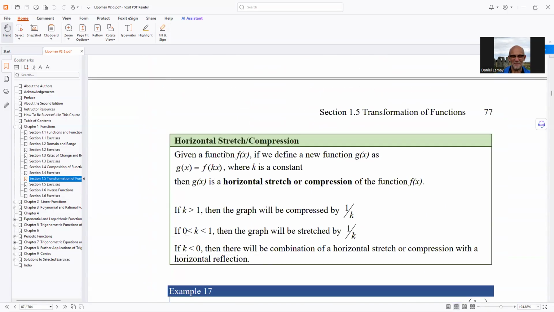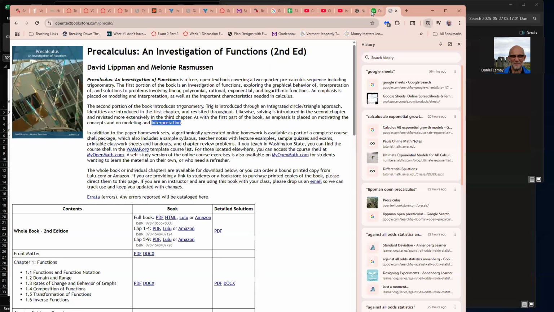And honestly, it always used to confuse me until I got this idea: whatever they tell you the horizontal stretch or compression is, you put 1 over that, and that's how you write it in the equation. So here I'll get a Desmos graph.